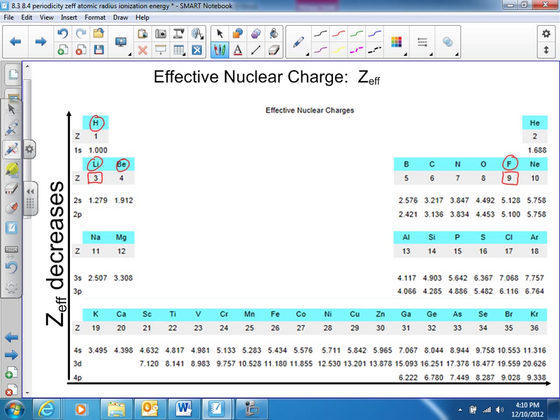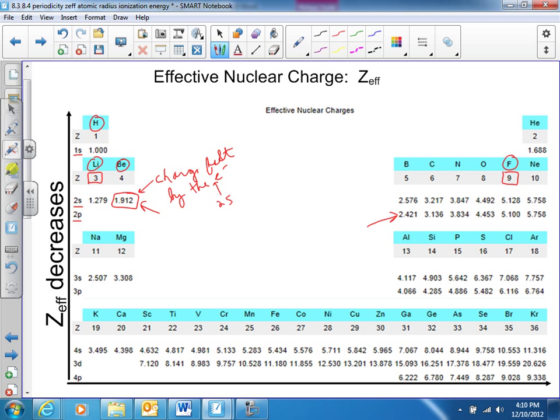Now, we've got this 1s, 2s, 2p. Those are the actual electrons, and then the number that you see in the row of a 2s or a 2p is the charge felt by the electrons. So for instance, this one would be the charge felt by the 2s electrons.